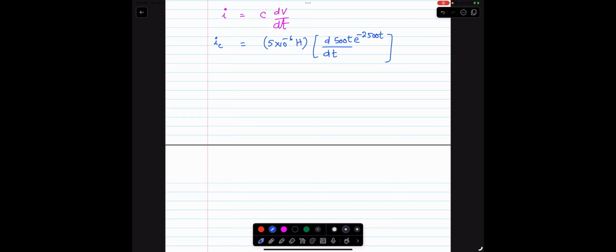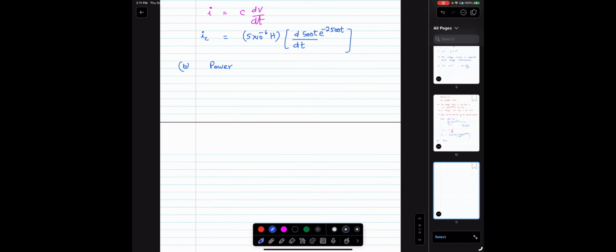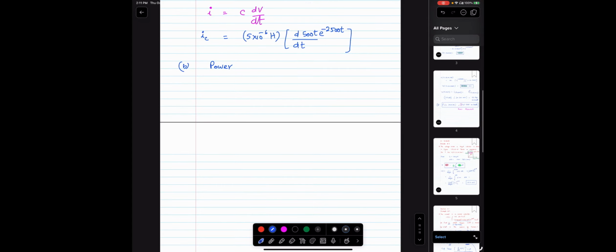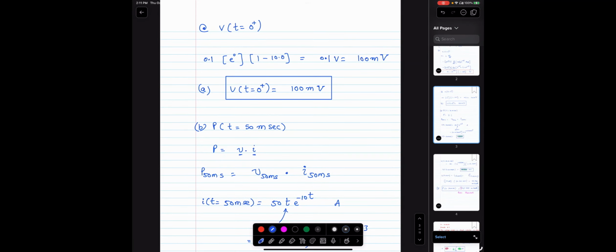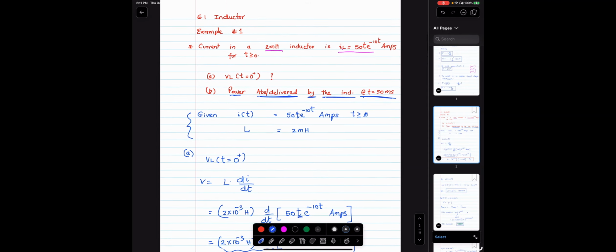Let me give you some hints on how to solve the power. The next part, power. What did we do in the previous example problems when we had to do the power calculation?